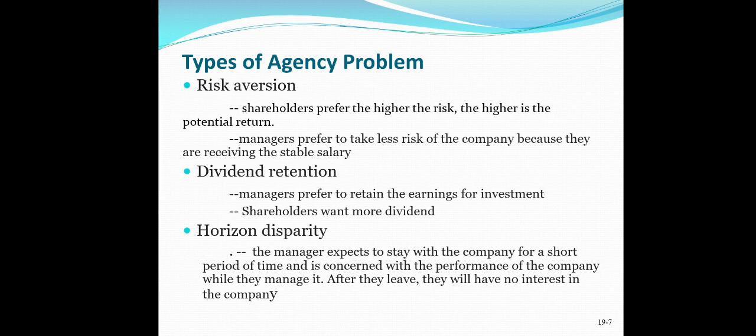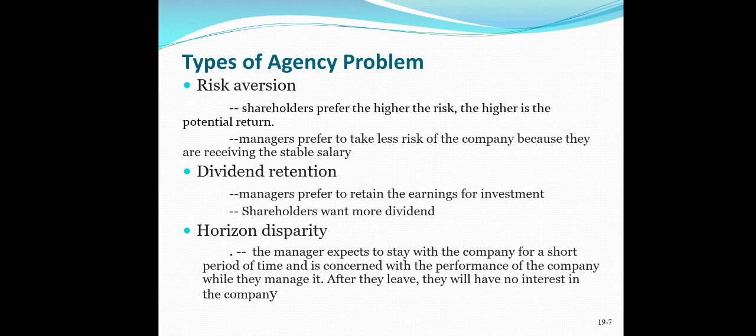You, the owner of the business, you are thinking about the long term. Because you own the business, you want the business to continue to exist, you want the business to continue to make profit in the long term for many years.